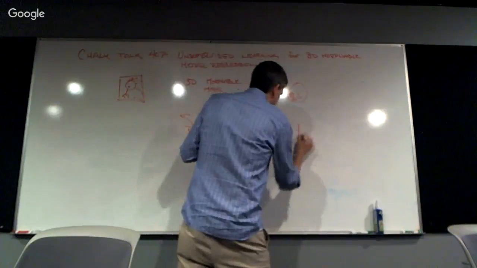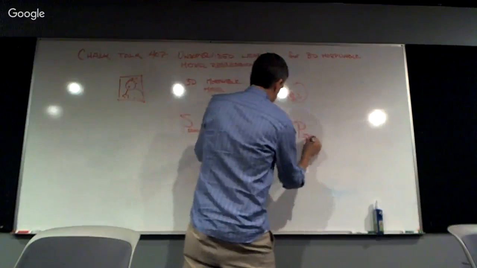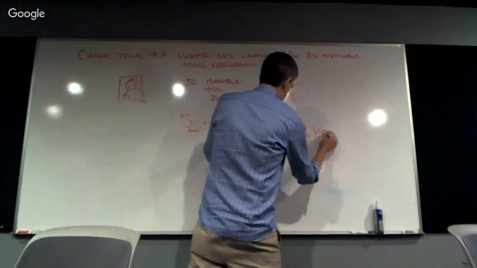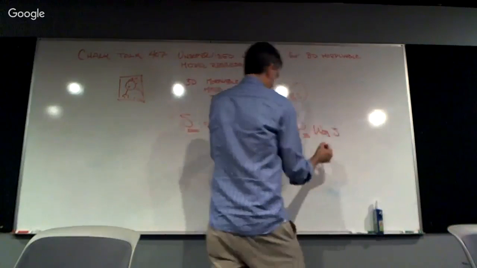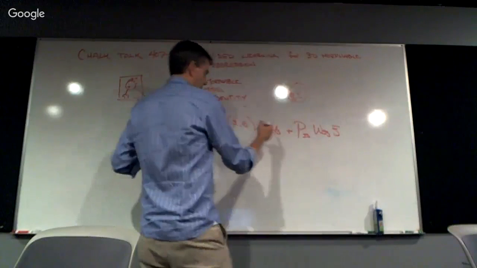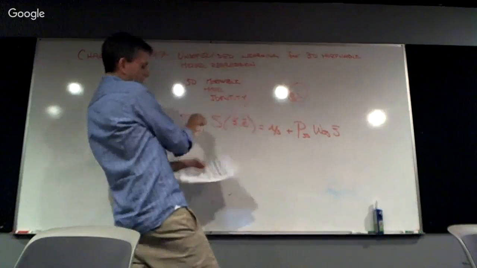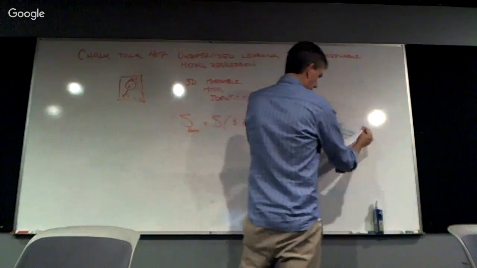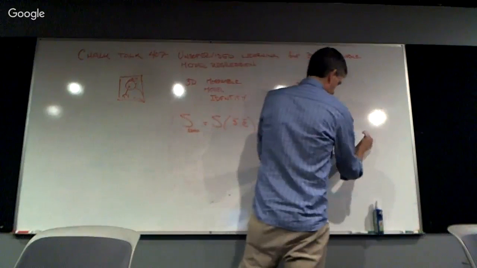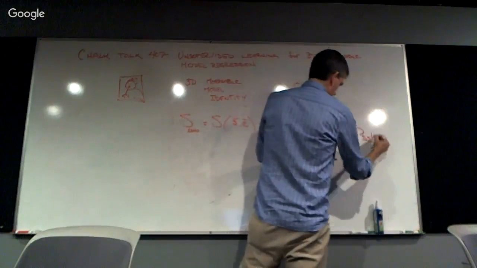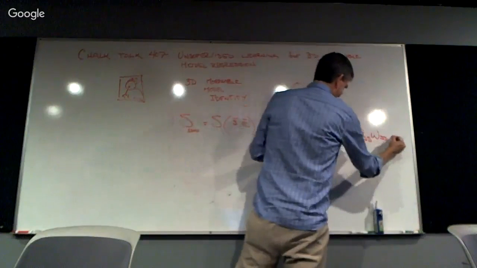Plus P_S, W_S, S, and this is all these guys. So I should put little hats on top of these. These guys are vectors. This is actually a matrix because it's the 3 columns, and then plus P_S, W_S, E.